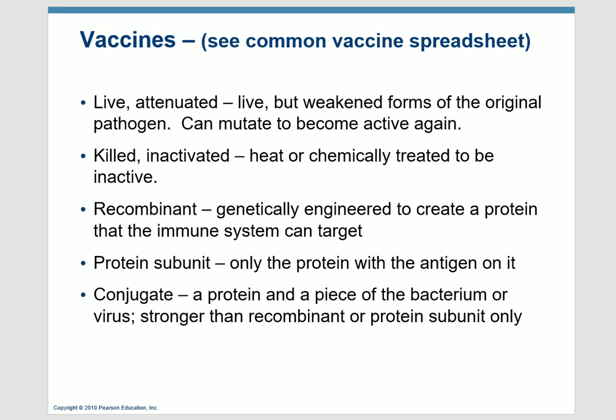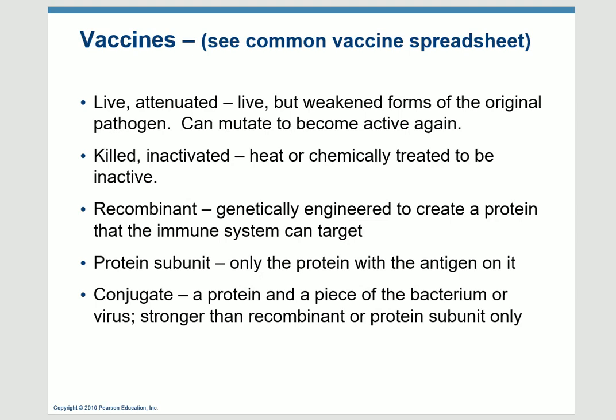Very good example of a live attenuated vaccine. And remember, when we talk vaccines, we're usually talking about viruses, but there are antibacterial vaccines. One of the more popular ones, it's not really used anymore, but it's called BCG, and that's used to prevent tuberculosis. Tuberculosis is bacterial. BCG is a live attenuated vaccine to prevent against tuberculosis.